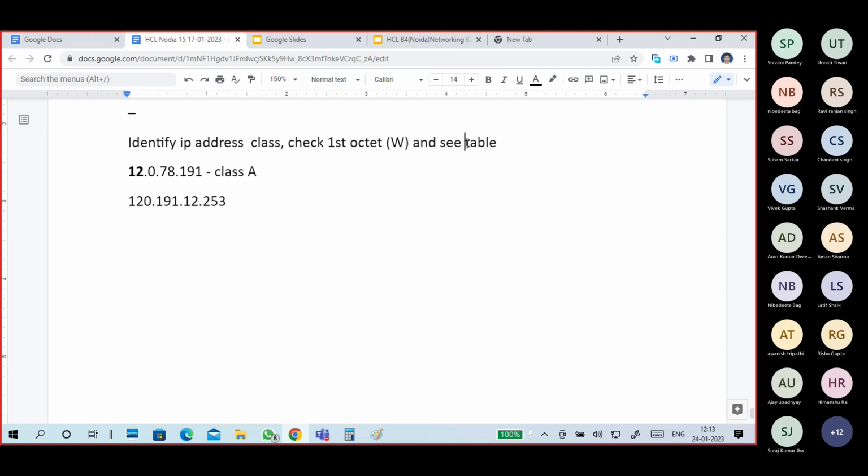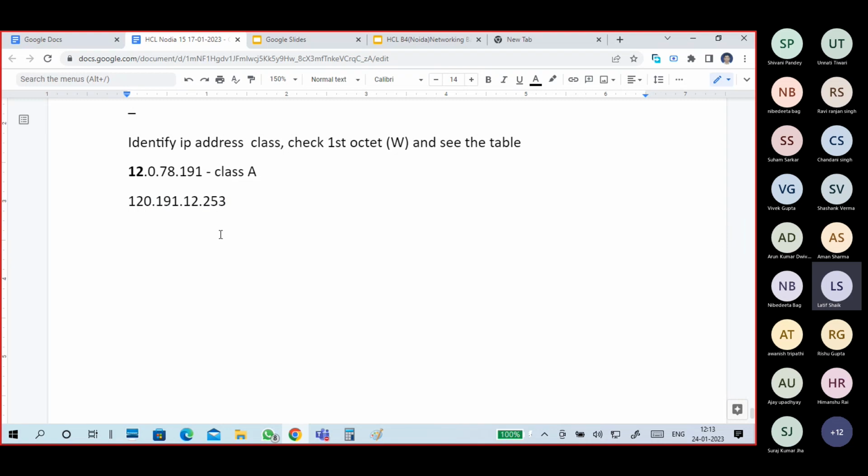Yes, sir. Then tell me which class it is. See the first octet, only the first octet, don't look at the remaining parts. No octet is more than 255, right?